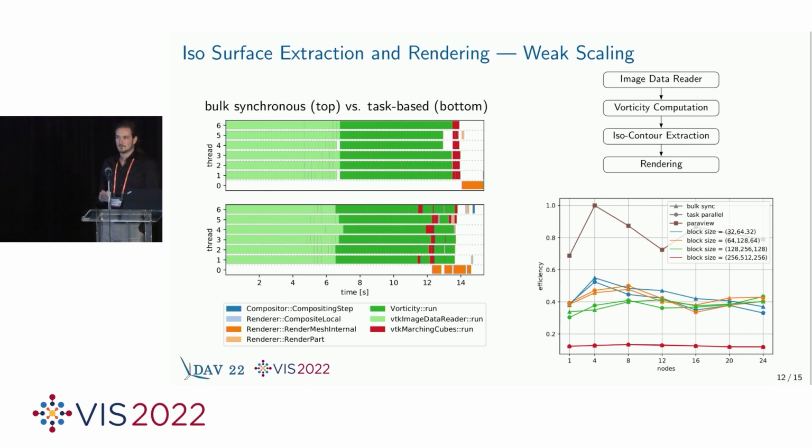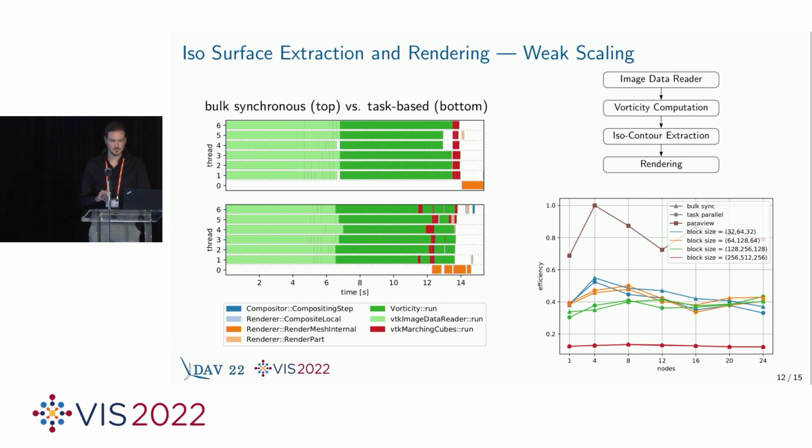And thus we can also see that the rendering is starting way earlier in the task-based implementation than in the bulk synchronous one. However, it does not seem to have a large impact on the overall execution time, since the isocontour extraction and the rendering doesn't contribute much to the overall execution time.